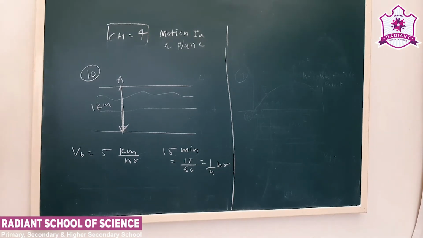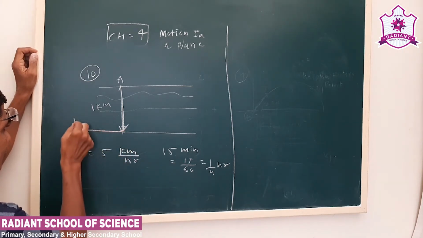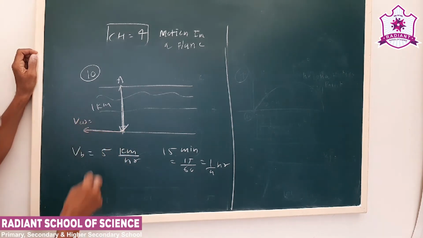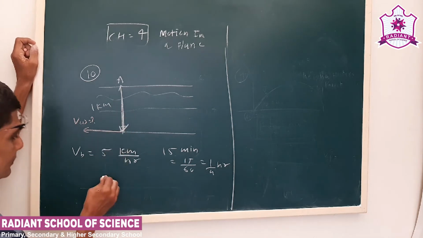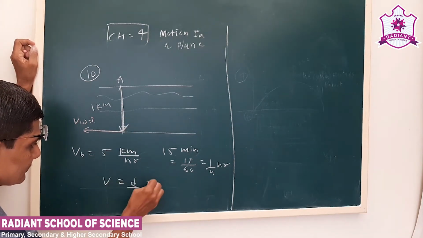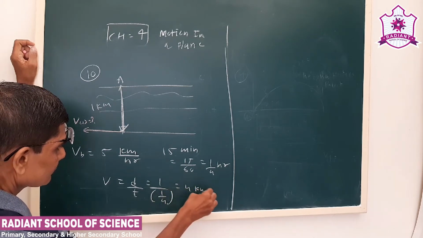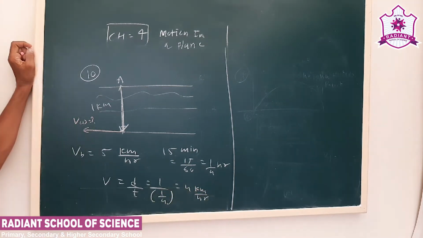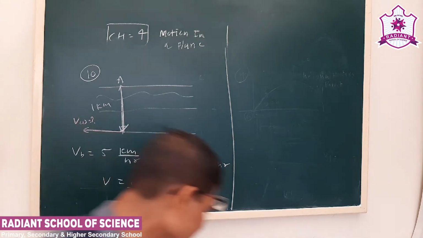Let us say the velocity of the flow of the river, the water, is Vw, that we have to find. Now the distance is 1 kilometer, v is equal to d by t. So 5 is the resultant velocity.